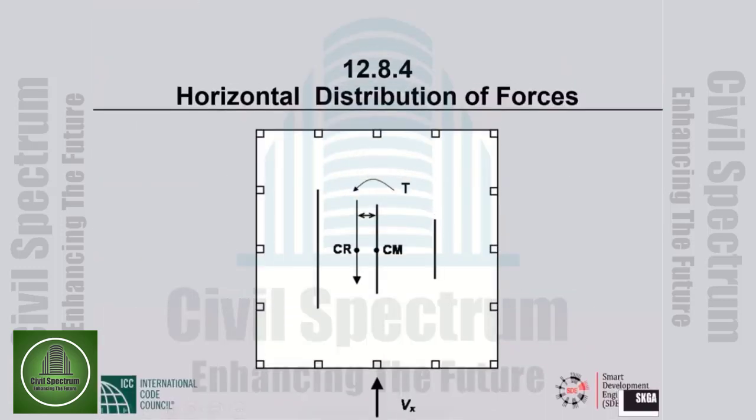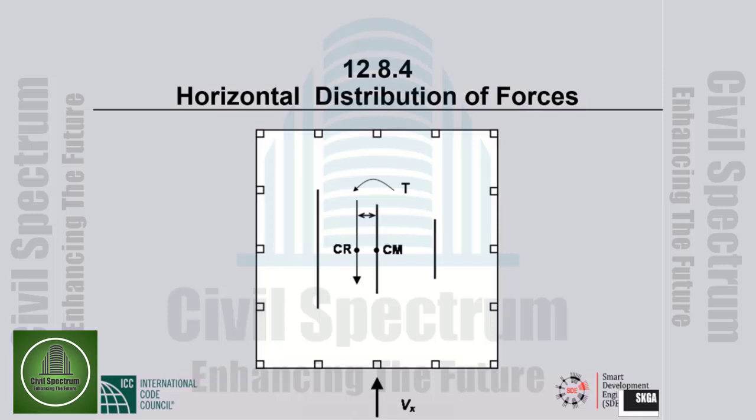Accidental torsion is where the two centers coincide, so we have no actual torsion, but we still consider a torsion called accidental torsion, that is the story shear multiplied by 5% of the plane dimension perpendicular to the story shear. We must design these days for the actual torsion plus the accidental torsion.